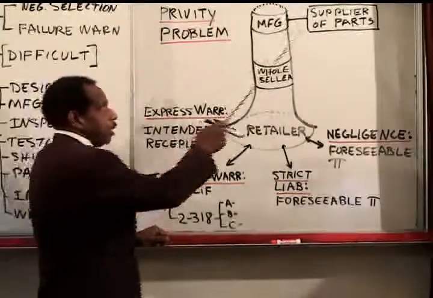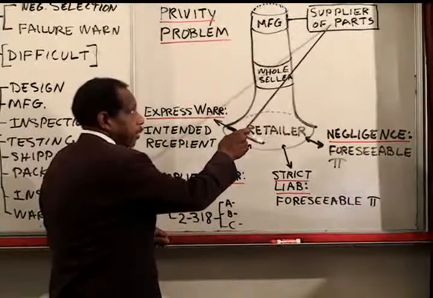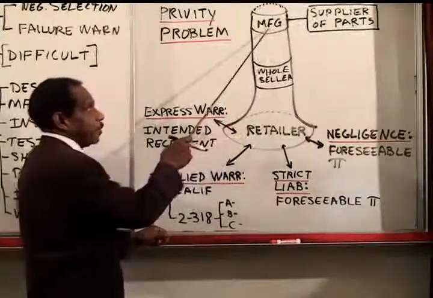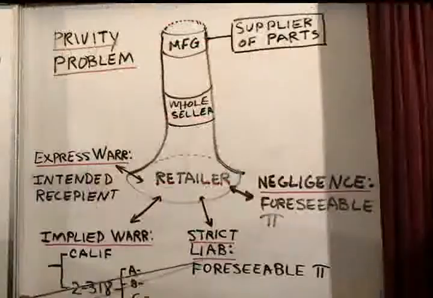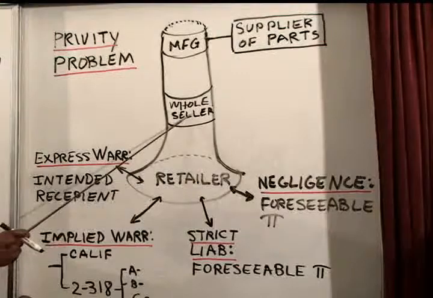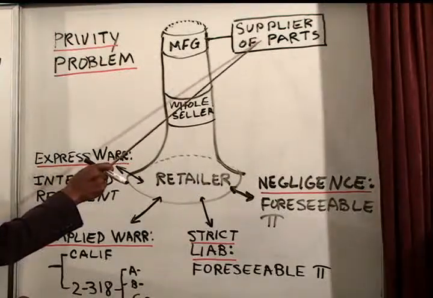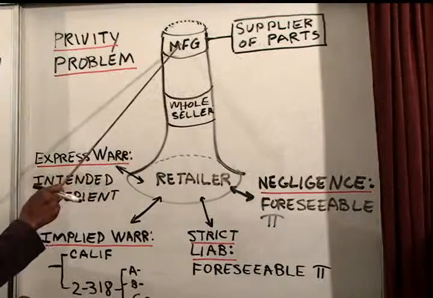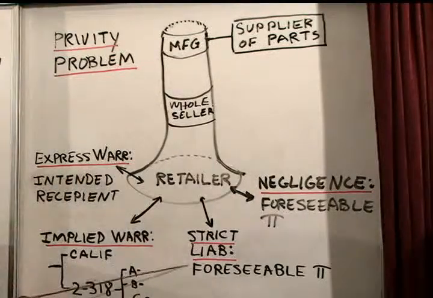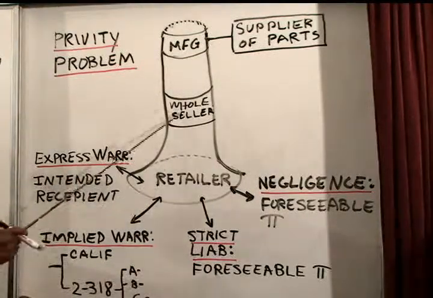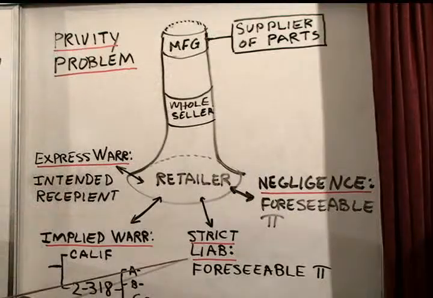So if the supplier supplied correct parts, but the manufacturer made the mistake, then the person can sue the retailer, wholesaler, manufacturer, but not the supplier of parts, because the product was not defective when it left the supplier. So in strict liability, you can sue everyone in the commercial chain if the product was defective when it left that person.